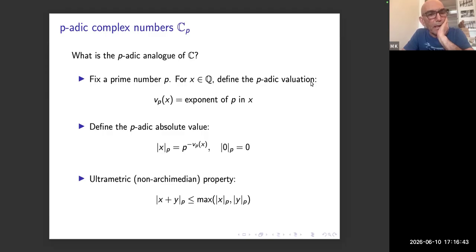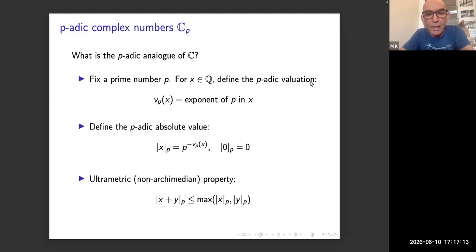And then I will spend some time explaining some applications of CP and analysis on CP. And then I will try to convince you why CP is not good enough, and we have to move on to something much more exotic and perhaps abstract, which will solve some of the problems that CP suffers from.